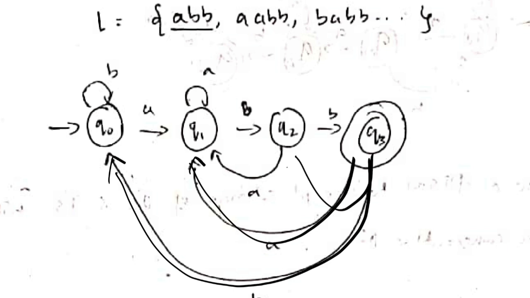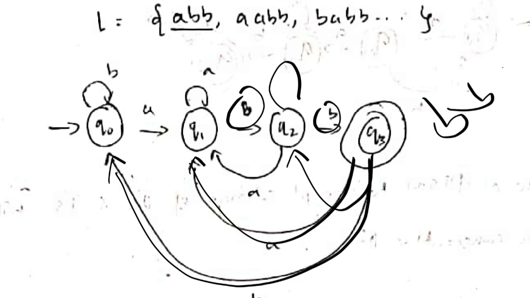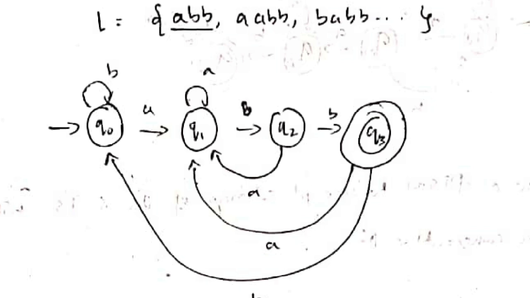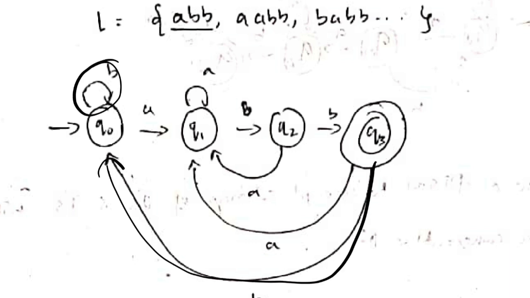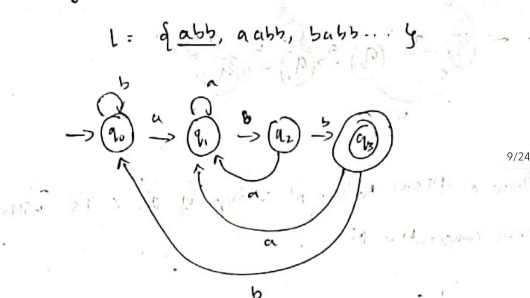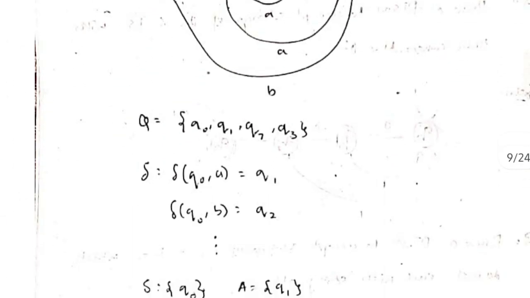I cannot go to the final state again because if I go for B here, then it will be triple B, ending with triple B, which is a wrong string. So, B should go to Q0, the same as its self loop. So, check for the self loop, or else check for the nearest neighbor, or else go for the dead state. In that way we will be solving the questions.